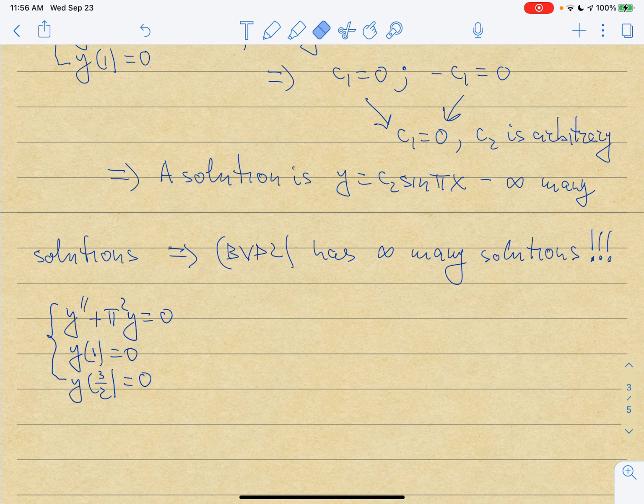Okay, let's try to solve this third boundary value problem. It's going to be BVP3.